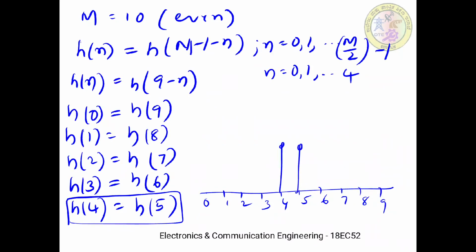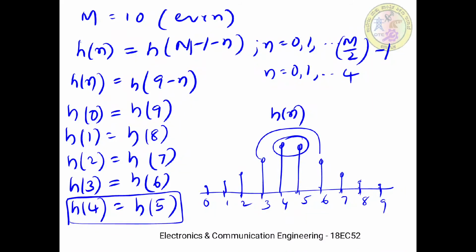This is a plot of the impulse response h of n, in which the 4th and 5th samples are the same, and then the 3rd and 6th samples are equal. Then the 2nd and 7th samples, that is h of 2 is equal to h of 7. And one more, h of 1 is equal to h of 8, and h of 0 is equal to h of 9.